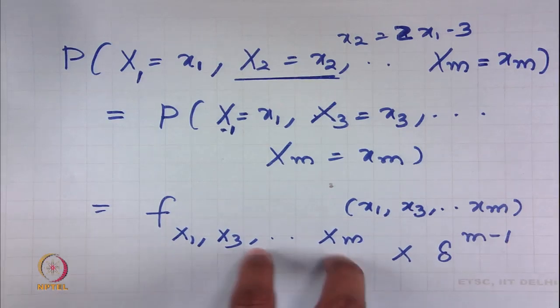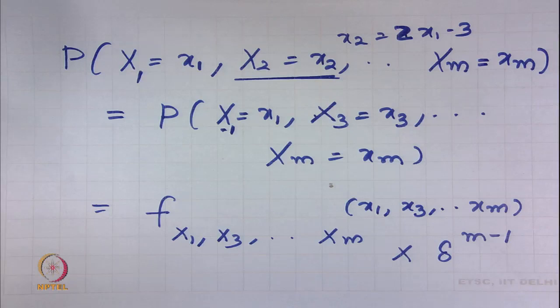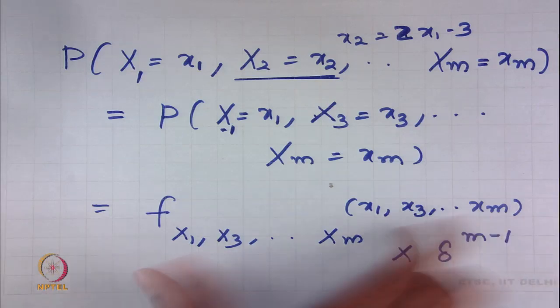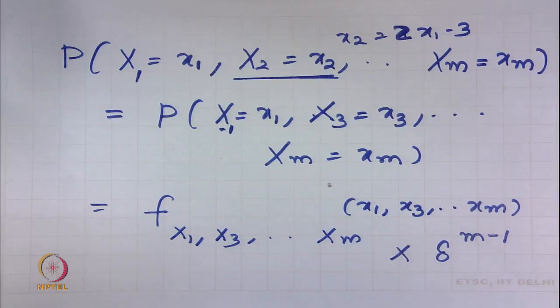When we are doing this, we are checking out all linearly dependent random variables, because of which this probability density function in the original dimension was not defined. And now we have this probability density function, which will always be defined, because it consists only of random variables which are linearly independent, and we are multiplying it with the volume of the lower dimensional space. Okay. So, in short, this is what we are doing.